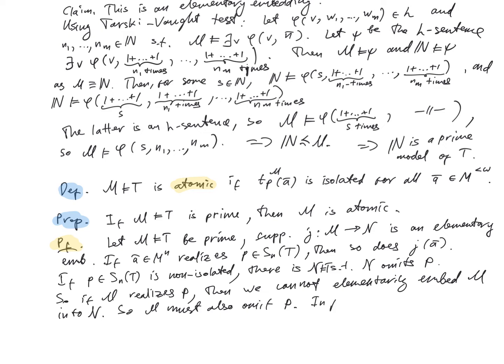In particular, if a-bar is a tuple from M, then the type of a-bar in M must be isolated. So we use that a prime model can be elementarily embedded into any model, which forces all of its types to be isolated.